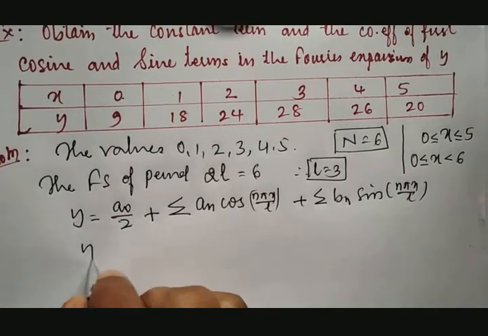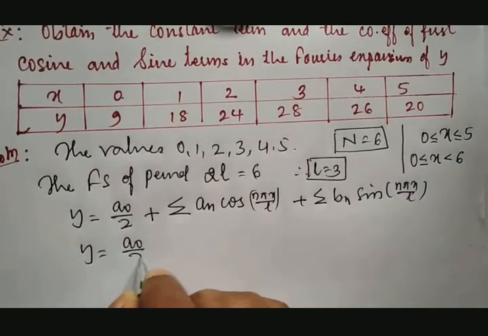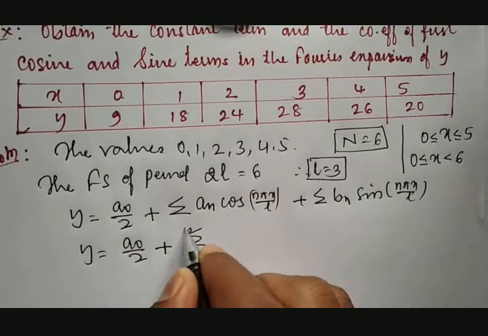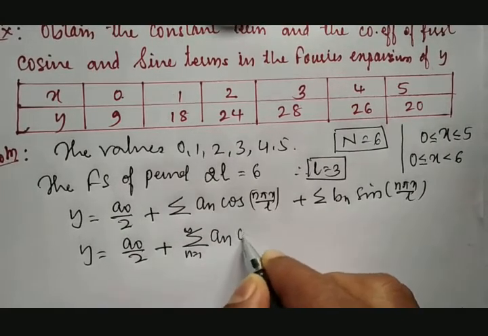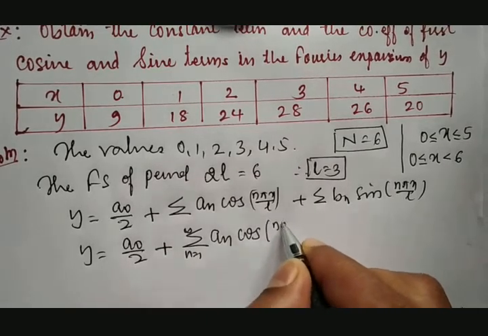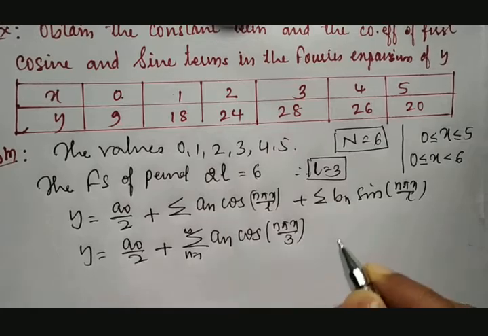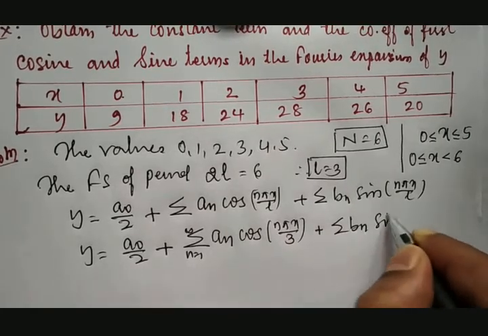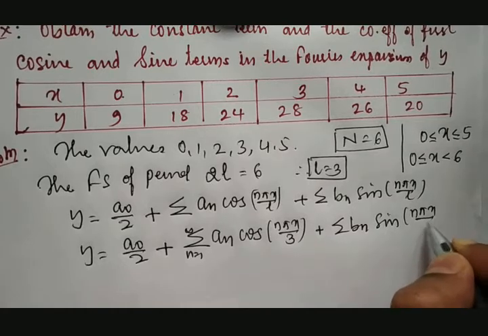Therefore, y is equal to a0 by 2 plus summation, where n is from 1 to infinity, of an into cos n pi x by 3 plus summation of bn into sin n pi x by 3.